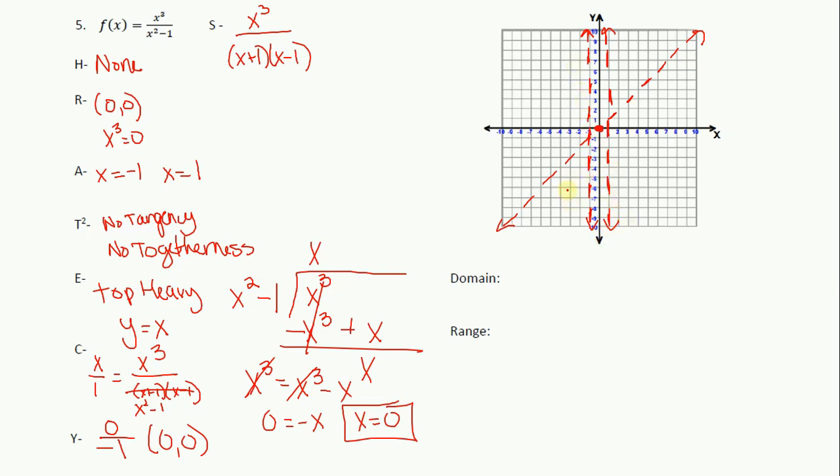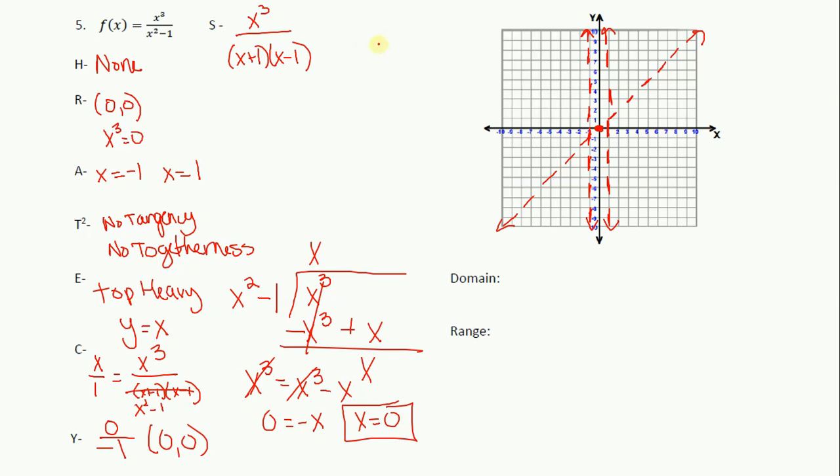So sometimes, if you don't have much more about the graph and you need a little bit more information, what I like to do is pick a point, pick an x value, find a y value. Honestly, you can find a graph that way. I'm going to plug in 2 because I'll find out, is it below here or is it above here, and then by togetherness and all that I can start figuring out the rest.